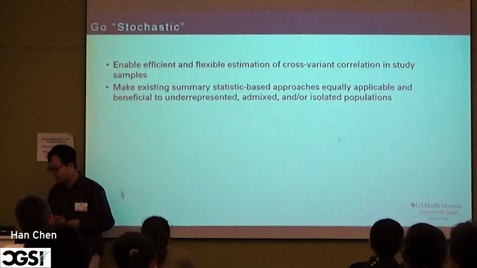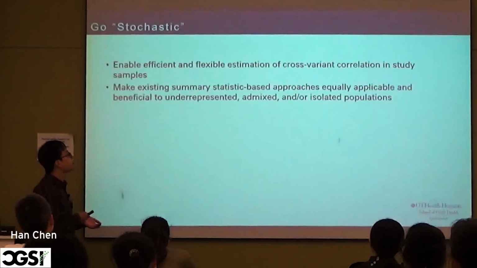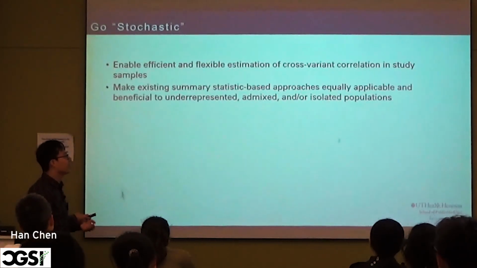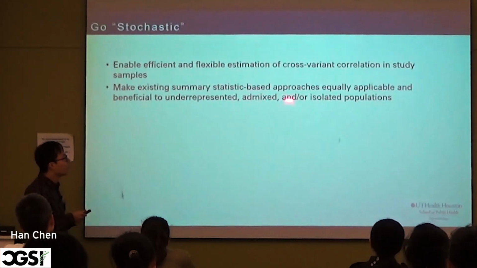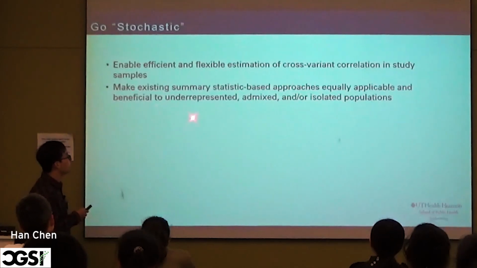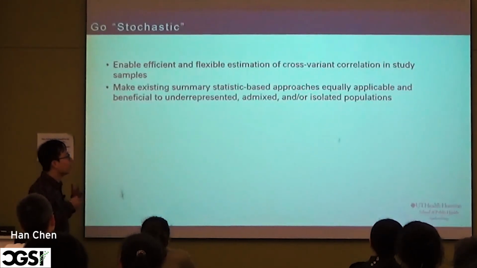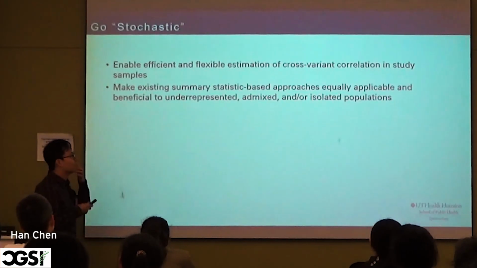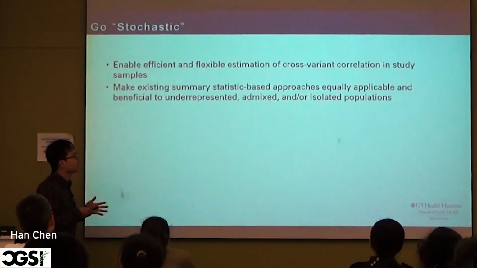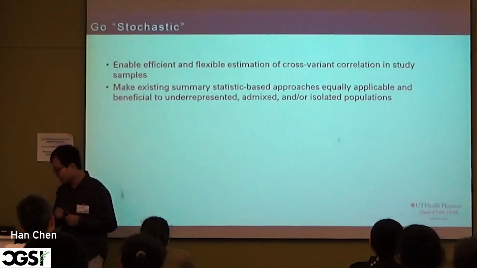And what it does is that it can make existing summary statistics-based approaches, which were originally developed and performed extremely well for European populations, equally applicable and beneficial to underrepresented, admixed, and isolated populations because now we can get the LD information from those study samples using very limited computational resources.